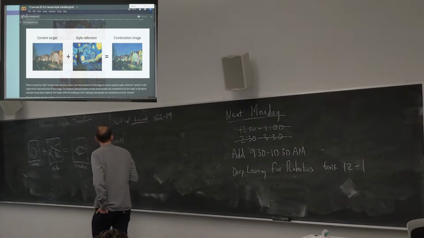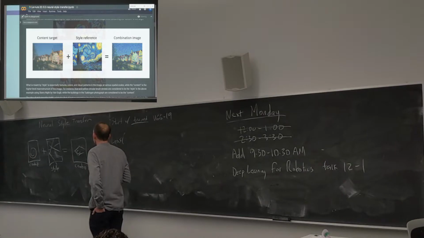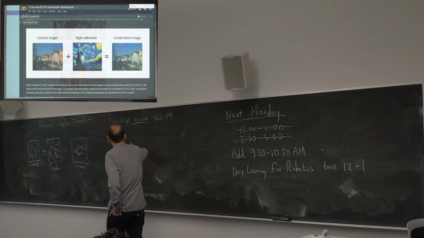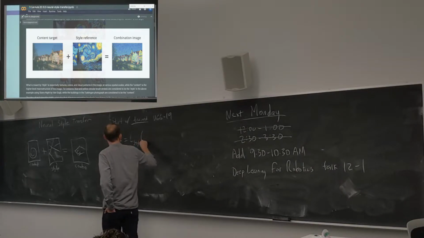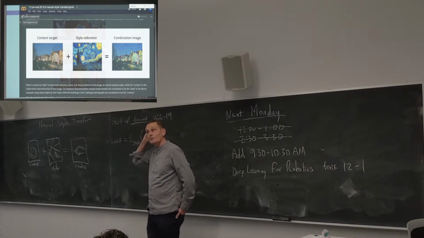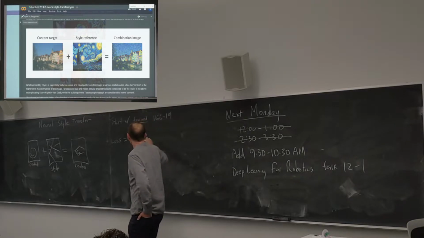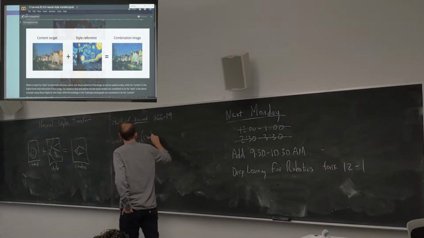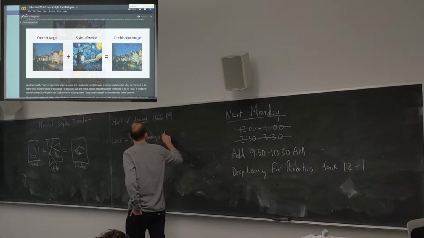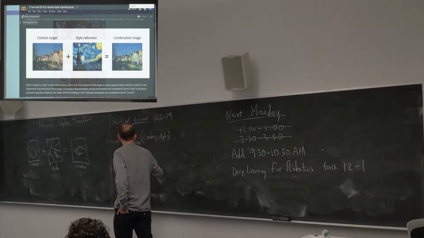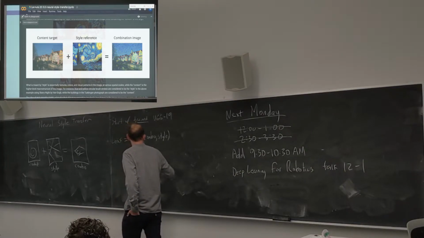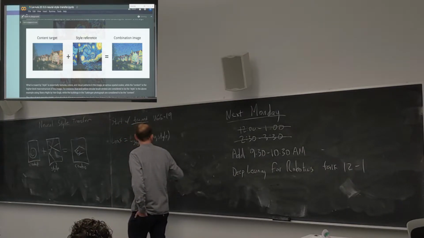The loss function is going to be defined basically as two losses. One, the style loss, where we'll just compare the combination with the style image, plus a content loss, comparing the combo to the content image.